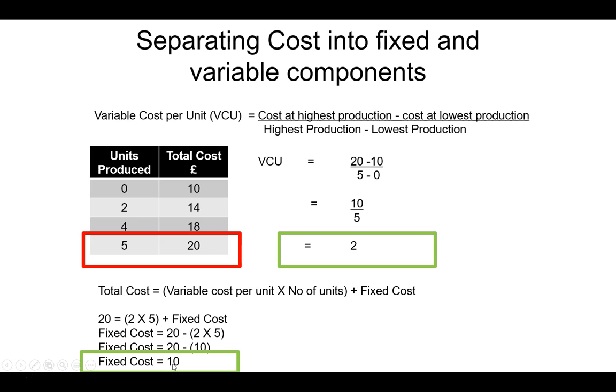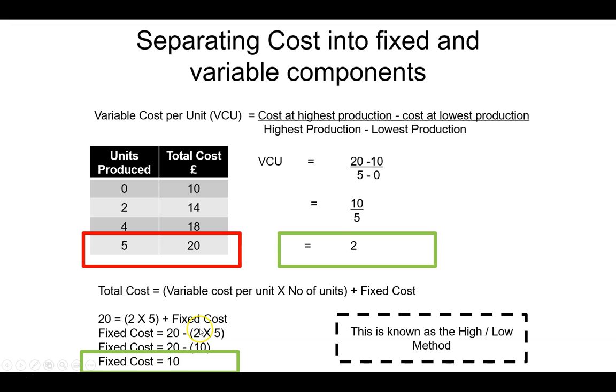So variable cost per unit helps us to work out our fixed cost using one of these. Now, this is what we call the high-low method. It's called high because we're using the highest output, and low because we're using the lowest output.